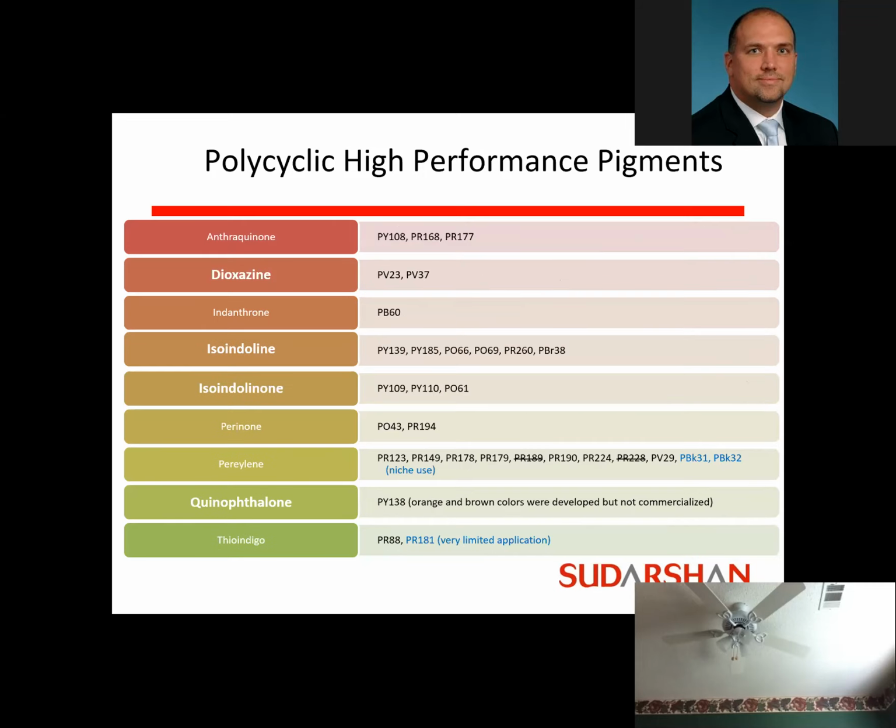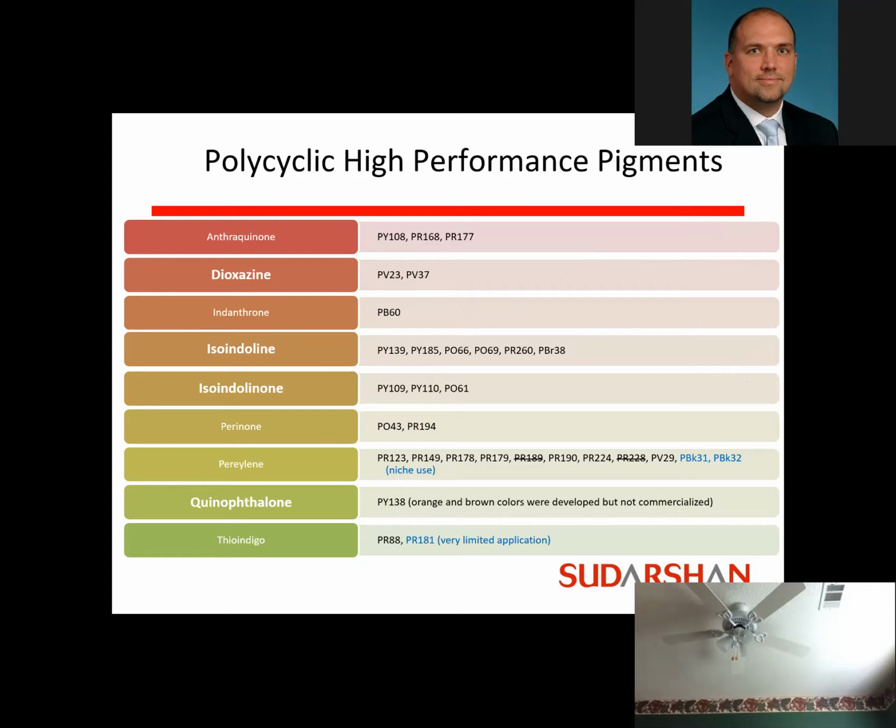Now, with respect to the color indexes that make up these particular families, you'll start to notice that there are fewer and fewer options in each of these chemistry families, and that is really because of the unique chemistry structures that these pigments have, and the properties and color that they bring to your formulation.